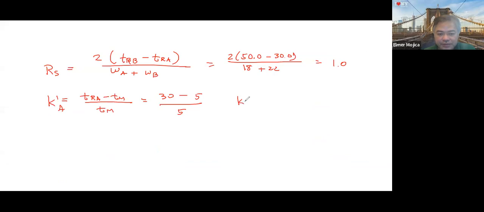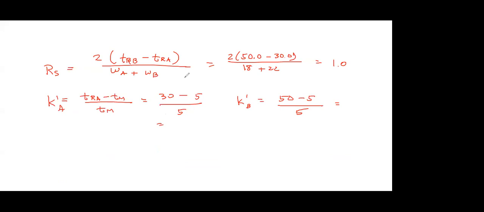Now for B, it is 50 minus 5 over 5. What's the answer that you have? For A, 5. For B, 9.